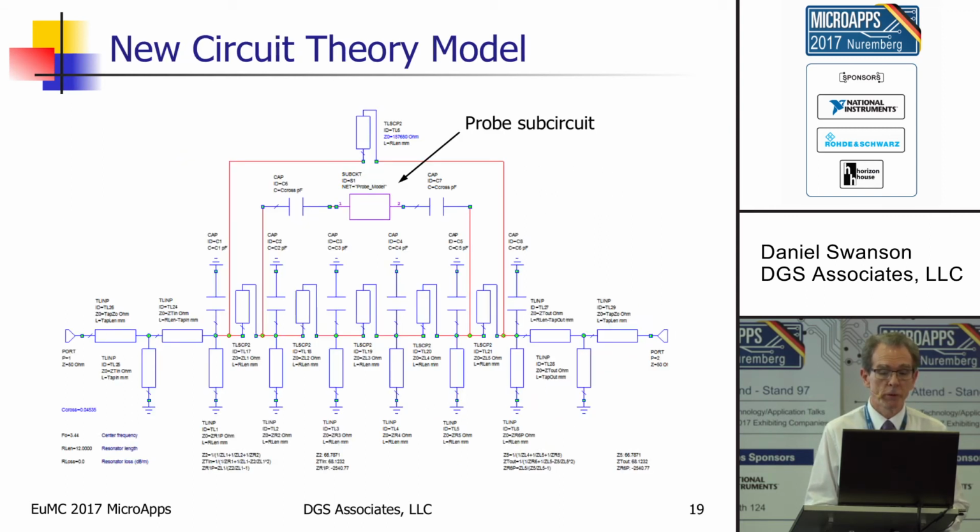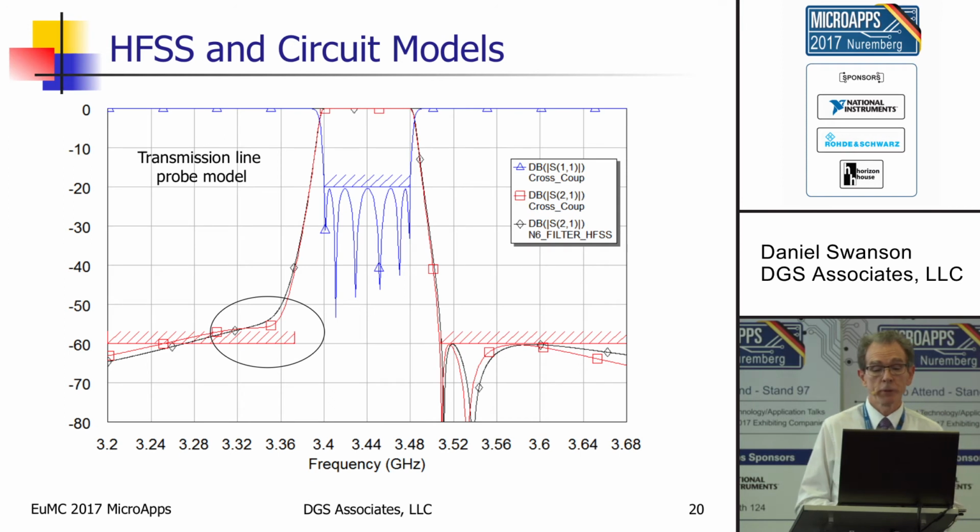So if we put that probe subcircuit into our circuit theory model now and take a look at the comparison, now we're actually quite close. So I believe the circuit theory model. And in fact, practice tells us this over and over again. The small discrepancy here is kind of an issue of tuning.